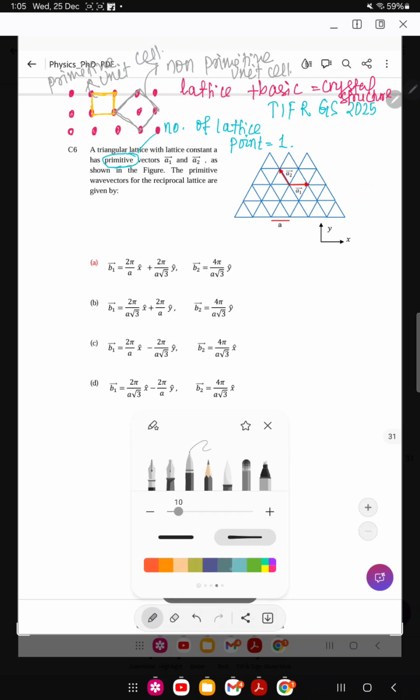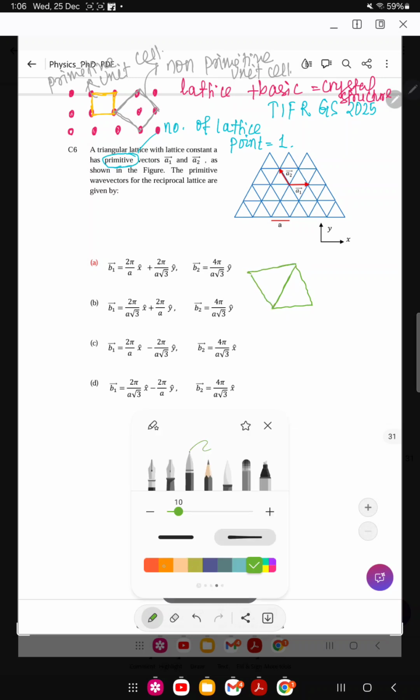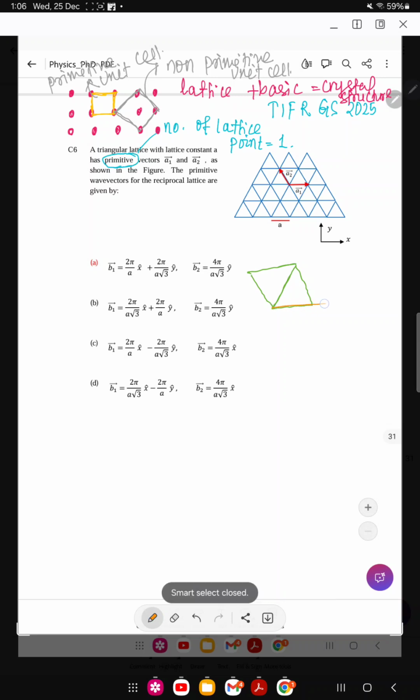So let's calculate this question. The triangular lattice is given here. a1 is the direct space lattice vector, and a2 is also in this direction.